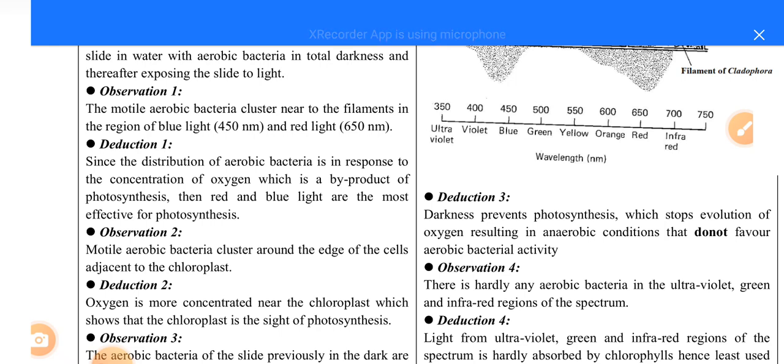The chloroplasts. The deduction is that oxygen is more concentrated near the chloroplast, which shows that the chloroplast is the site for photosynthesis. The word motile means these organisms can move from one area to another. You'll find them clustering around the chloroplasts, reason being that around those chloroplasts there is much concentration of what? Oxygen. So this proves that the chloroplast is the site for photosynthesis.